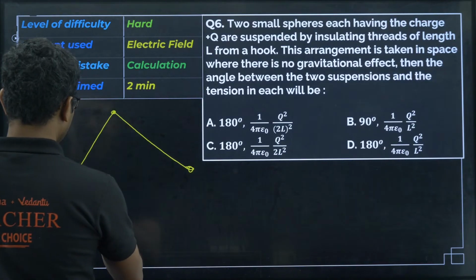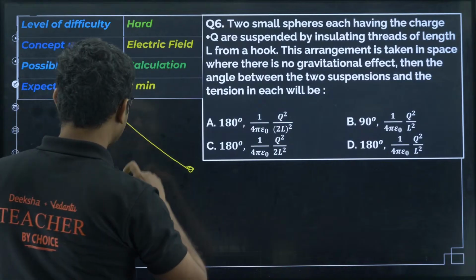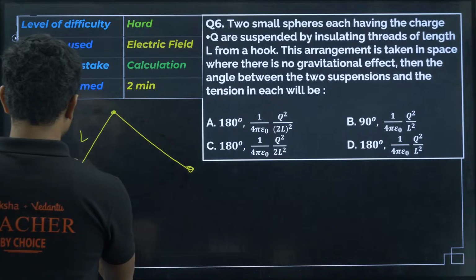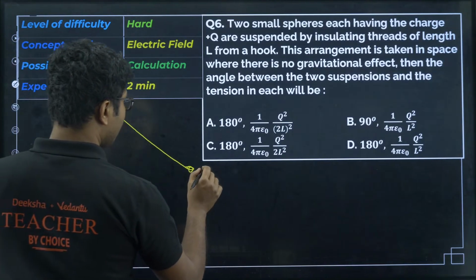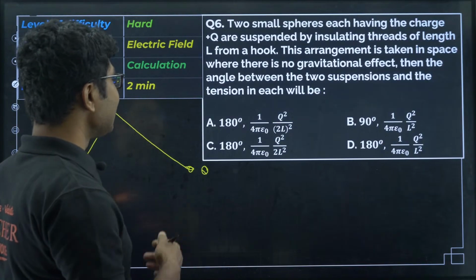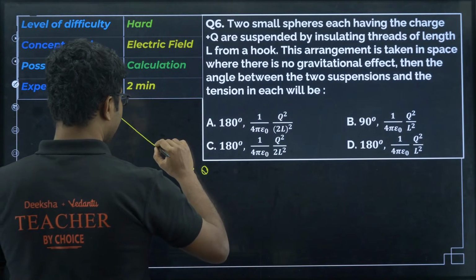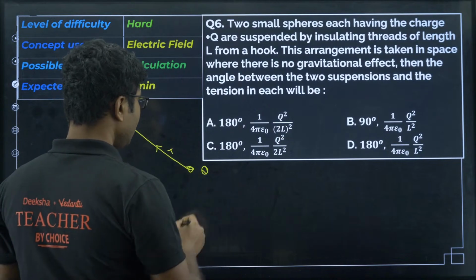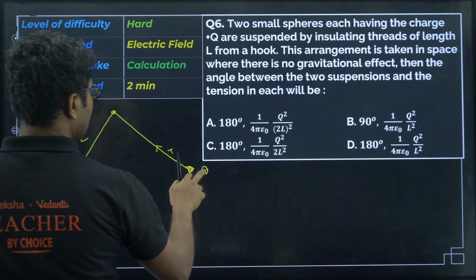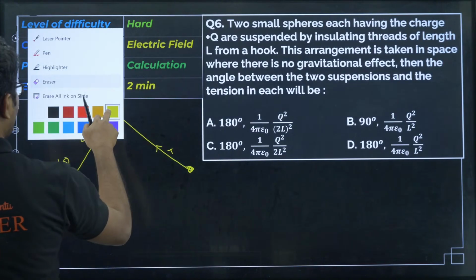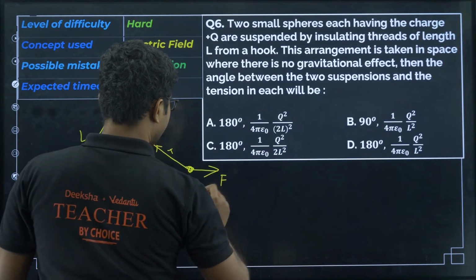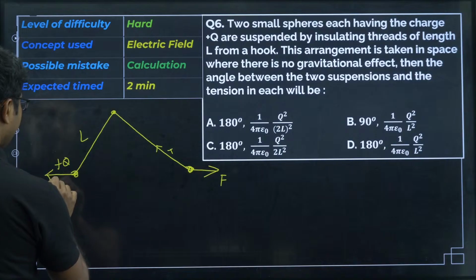So we have two wires of length L, each having charge plus q. So this is plus q, this is plus q. Now there is no gravitational field, everything is balanced by this tension. There is a tension here, and there is a force here, which is the electrostatic force, and this is also an electrostatic force.